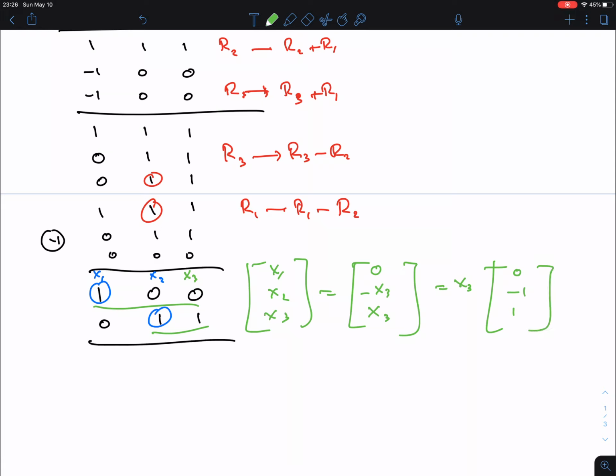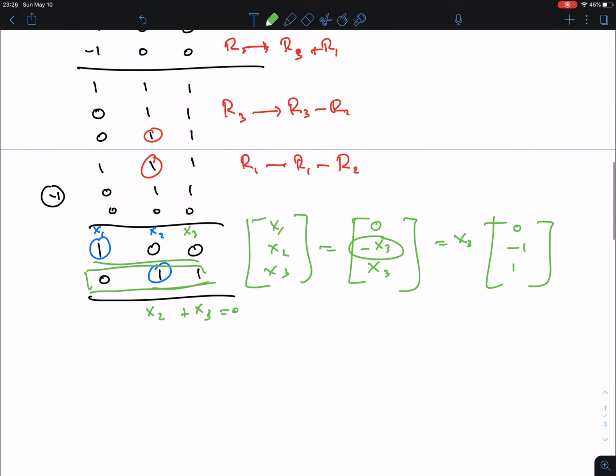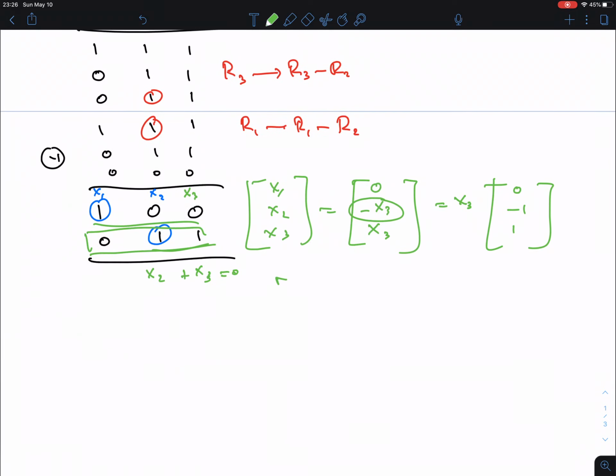Okay, so I explain one more time where this comes from. This means that we have 0 times x1, x2 plus x3 equals 0, right? These are the coefficients of this equation. And so if we solve for x2 here, we see that x2 is equal to negative x3. That's why I write negative x3 there. Okay, so I factor out x3, and we need to normalize.